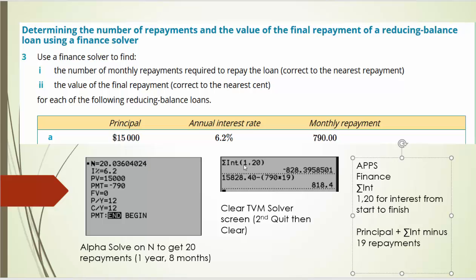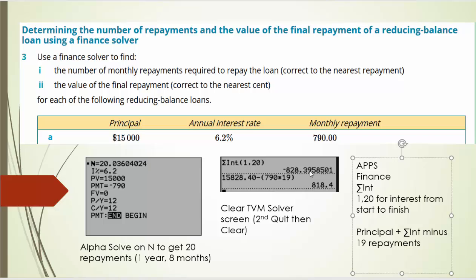Select that, and enter the total interest on what was in the TVM solver for month 1 to month 20, the whole time. If you put that in, it'll tell you the total interest on this particular loan, which is still there in the calculator, is $828.40 to the nearest cent.